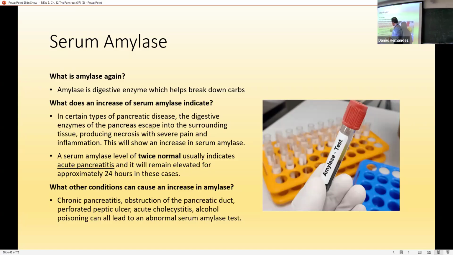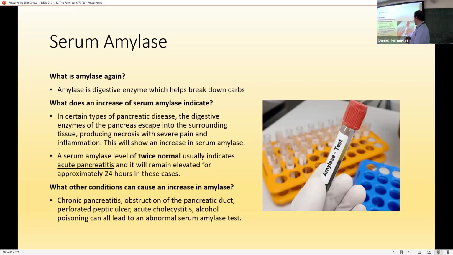Patients who have had multiple episodes of acute pancreatitis and now have a damaged pancreas, what's referred to as chronic pancreatitis, those serum amylase levels might remain elevated, will typically continue to be elevated. Like I said, obstruction of those pancreatic ducts definitely causes elevated serum amylase.